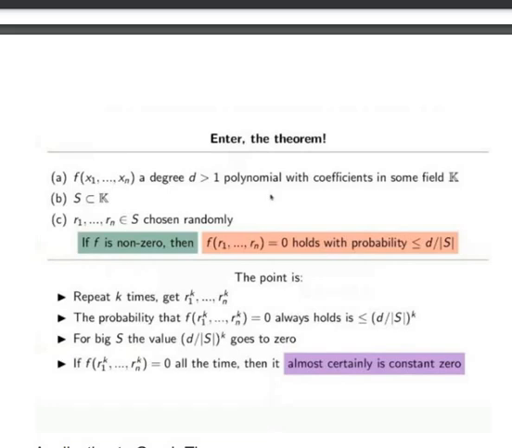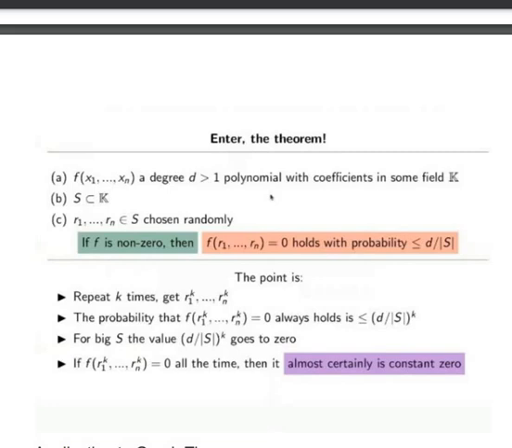We can say that if you get 0 k times in a row, this happens very rarely. So d over s, if s is really big, then d over s to the k gets very fast to 0. So it gets more unlikely that this always holds.